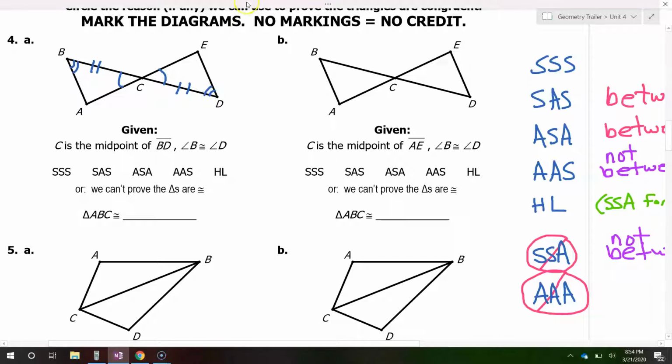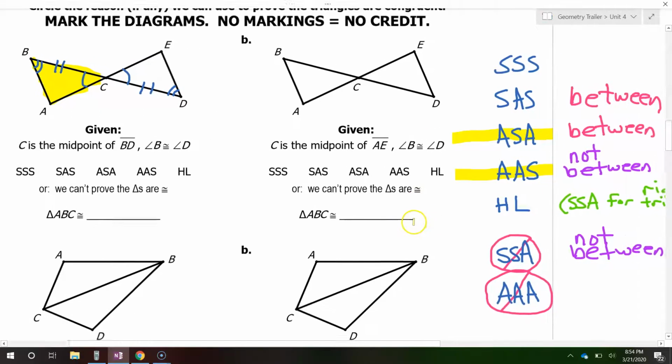All right, now focus on just one triangle at a time. So for example, if I focus on this triangle, I see that I have two angles and a side. Two angles and a side. That narrows it down to either this or this.